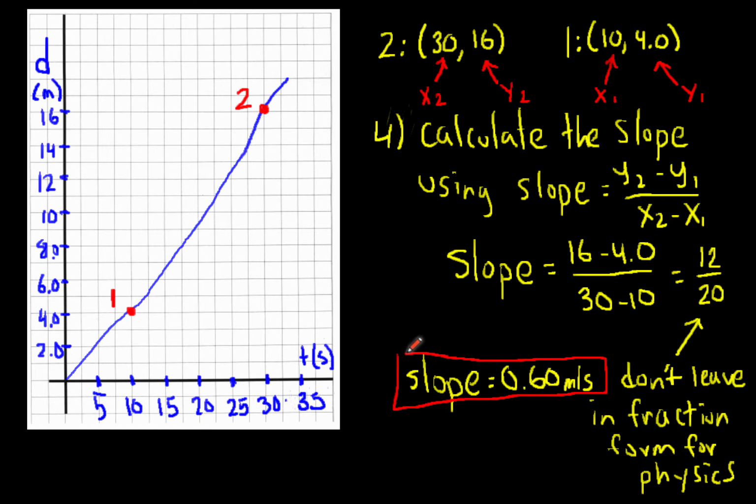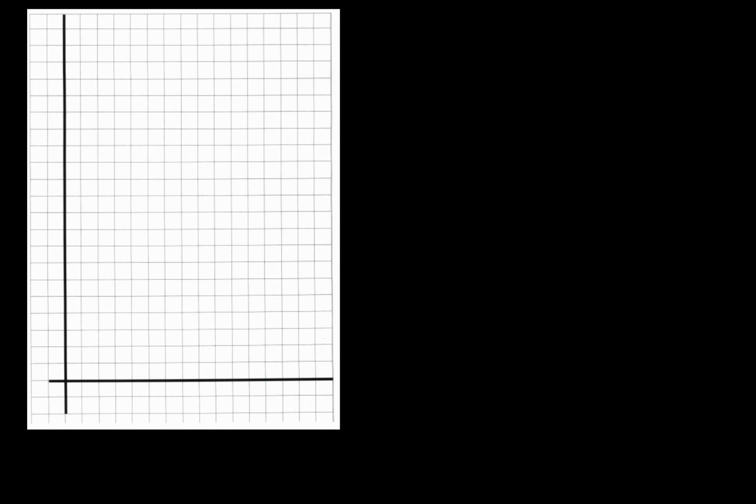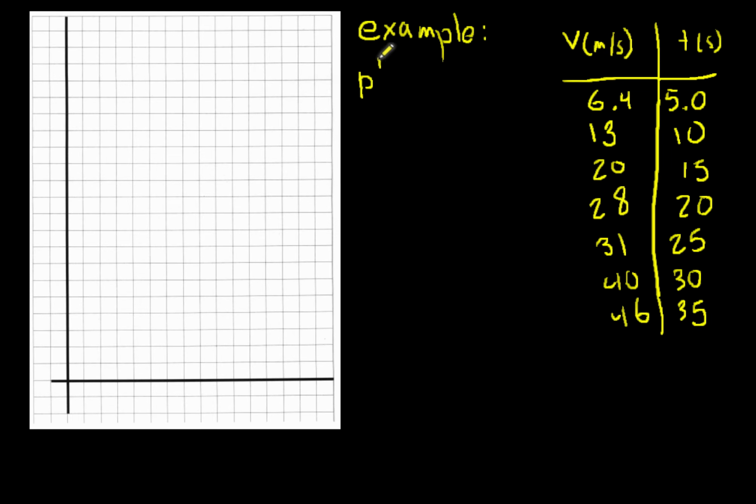It's really important that you notice that I preserved the significant digits given on the graph. So we have 2 significant digits in the slope I calculated. And units are given in the slope calculation as well because the slope has meaning. The slope is speed.